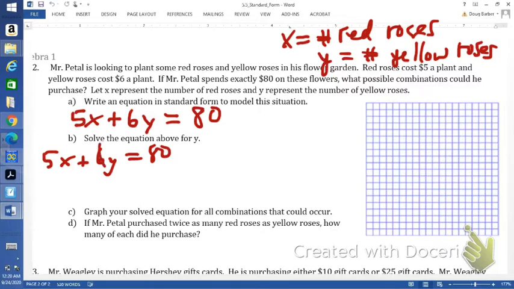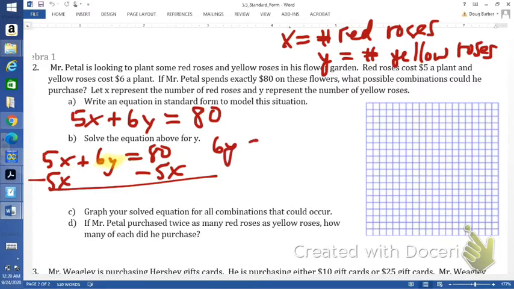Alright, we got to get the 6y by itself. So we're going to subtract 5x from both sides. So we have 6y equaling negative 5x plus 80. Divide by 6. Remember, we got to divide both the negative 5x by 6 and the 80.